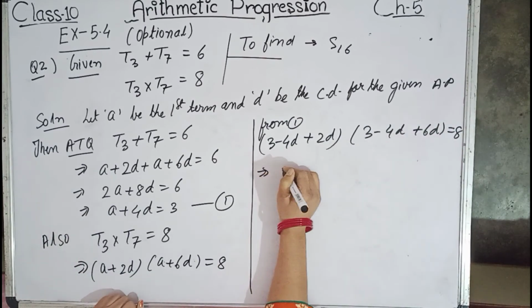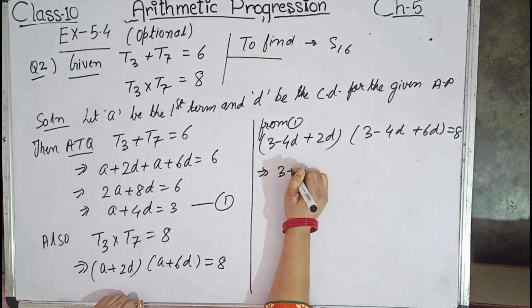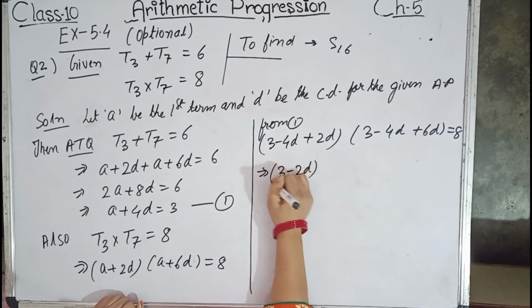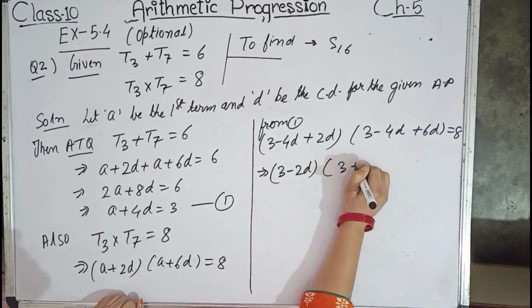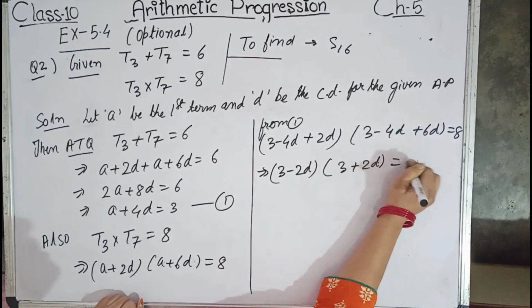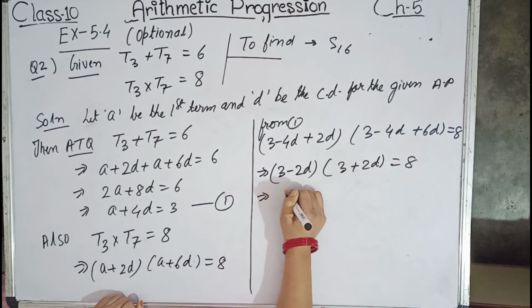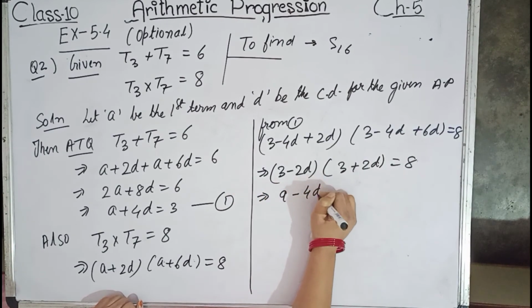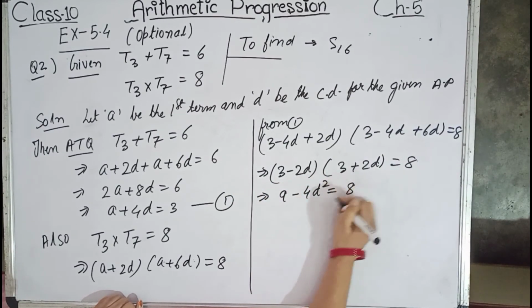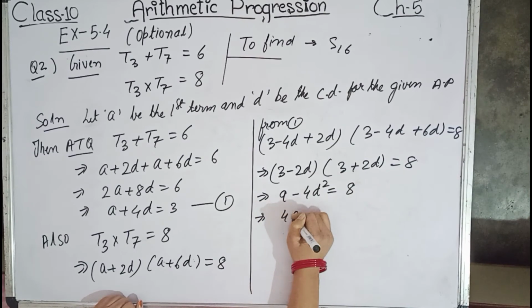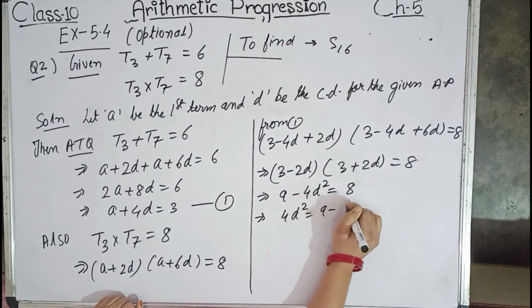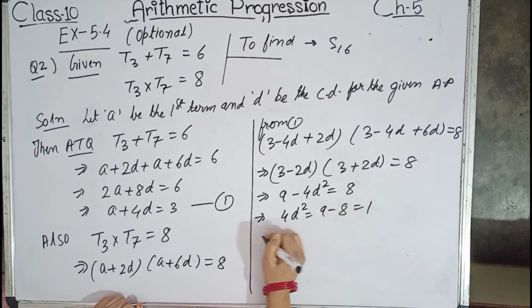3 minus 4D plus 2D, and over here also 3 minus 4D plus 6D equals 8. This implies 3 minus 2D, and over here 3 plus 2D equals 8. This implies 9 minus 4D square equals 8. This implies 4D square equals 9 minus 8 equals 1.